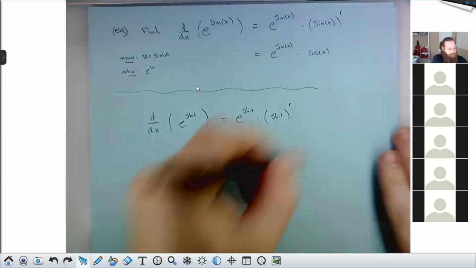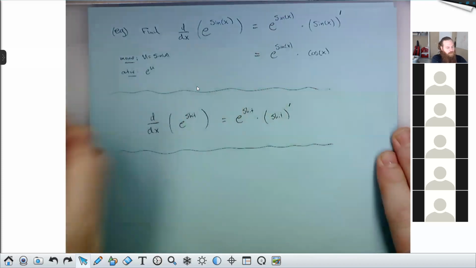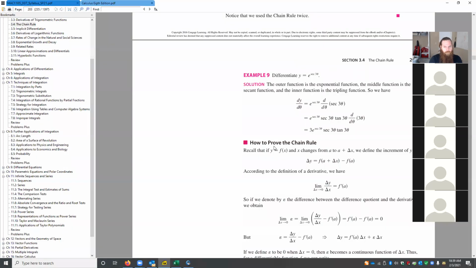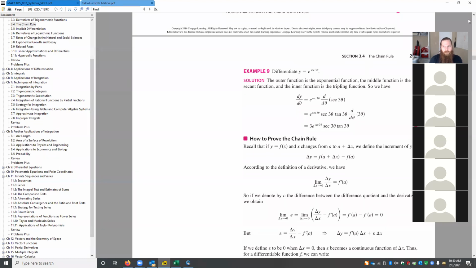Okay, I do want to look at something a little bit more challenging. I want to compose multiple functions. I'll take an example from your book so you can look in here. Let's look at e to the secant of x cubed. That's somehow more complicated than we need.